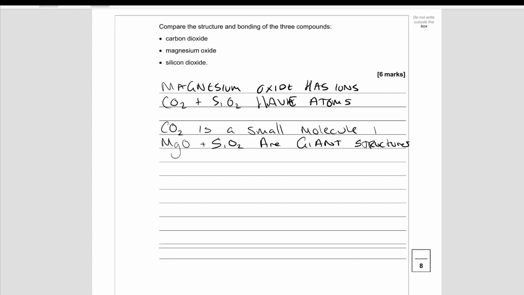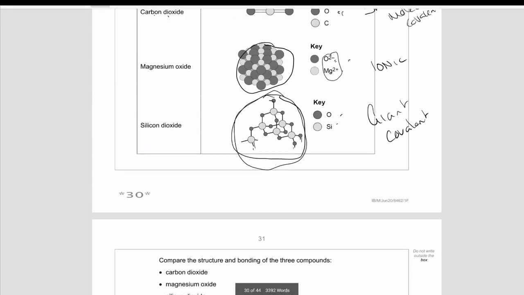You could also mention the intermolecular forces involved here if you wanted to, because that is something else that you wouldn't get in those giant structures. They're just going to be bonded together by electrostatic forces in magnesium oxide and by those covalent bonds in silicon dioxide.